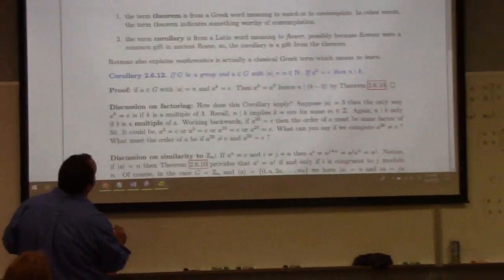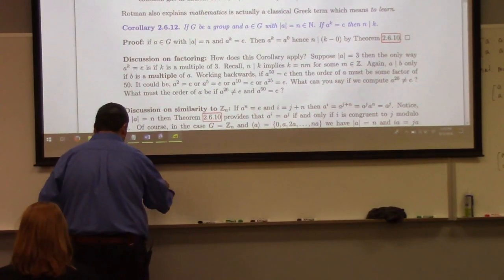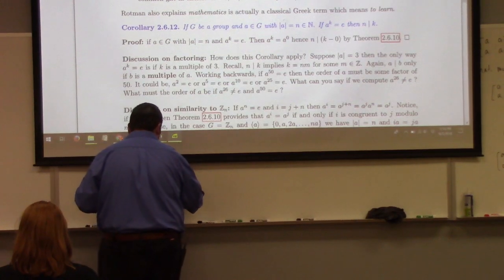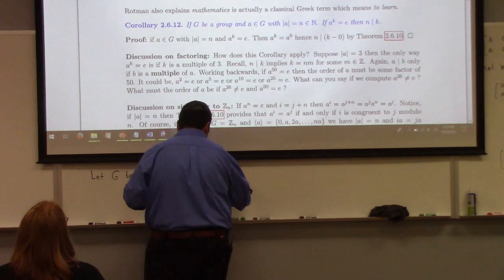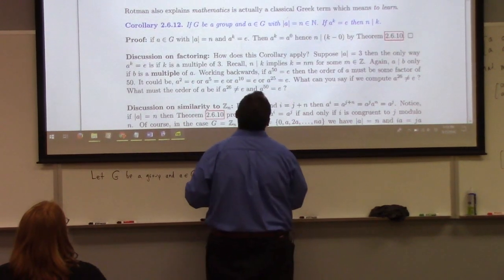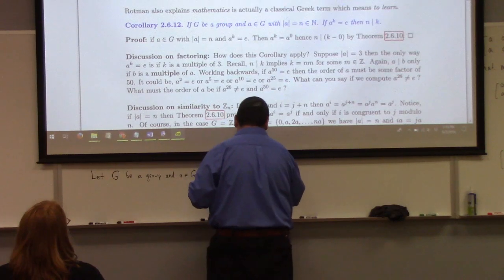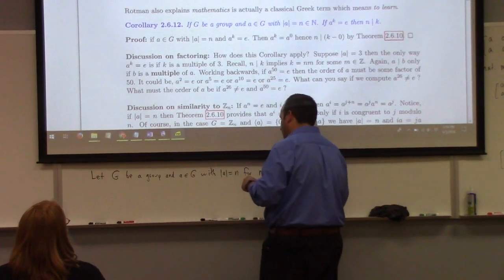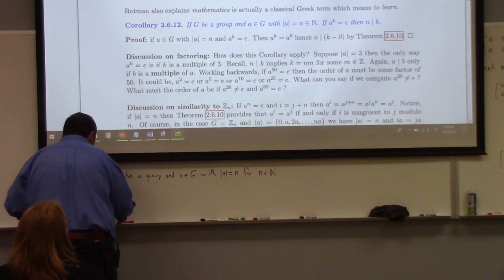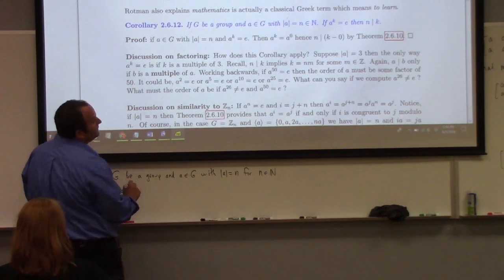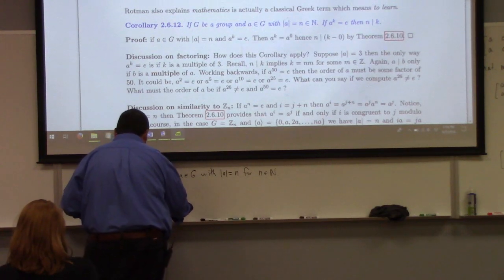Let G be a group and A an element of the group with the order of A equal to n for n in the natural numbers. Then if A to the k is equal to E, then n divides k.